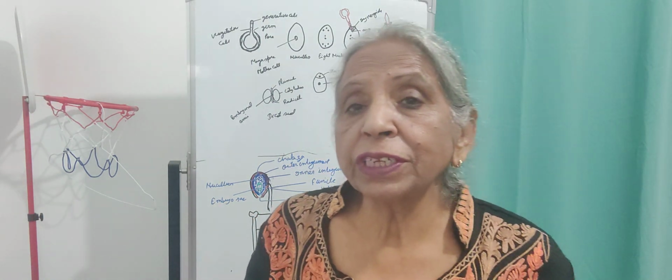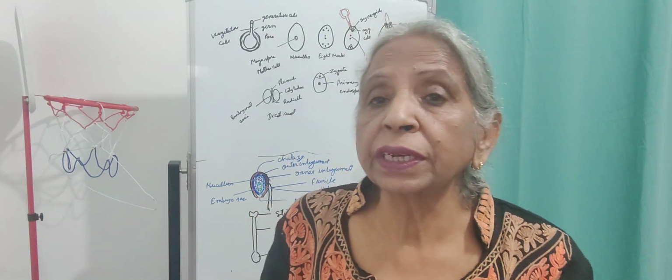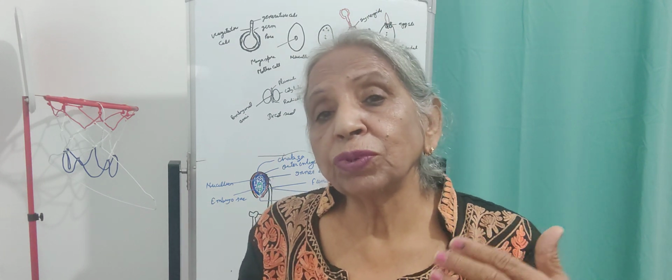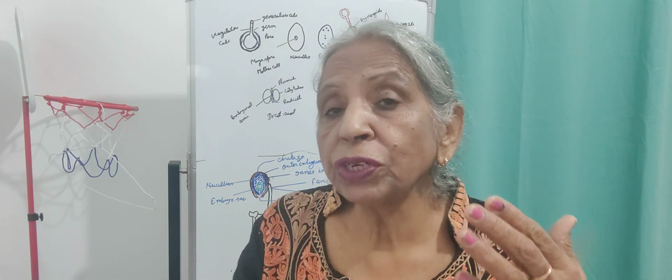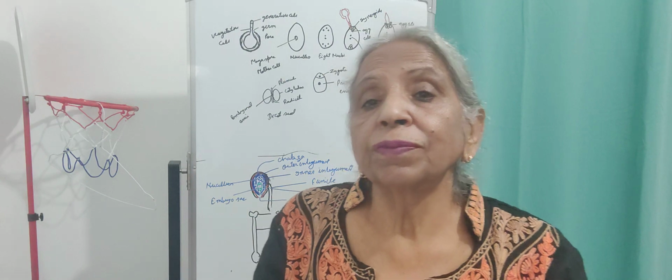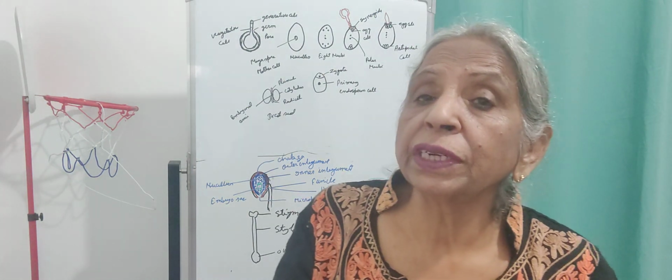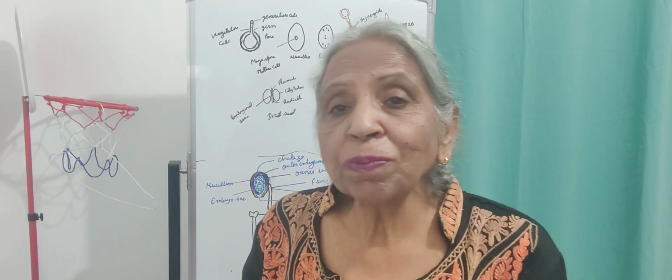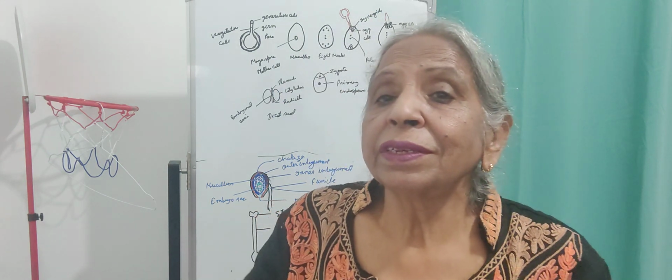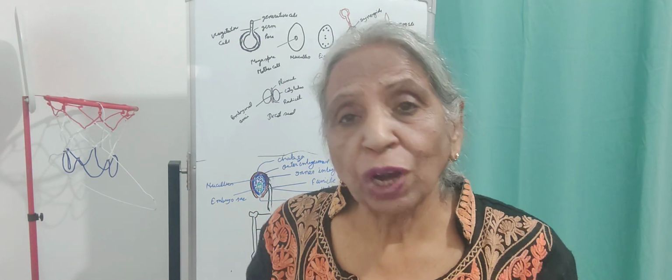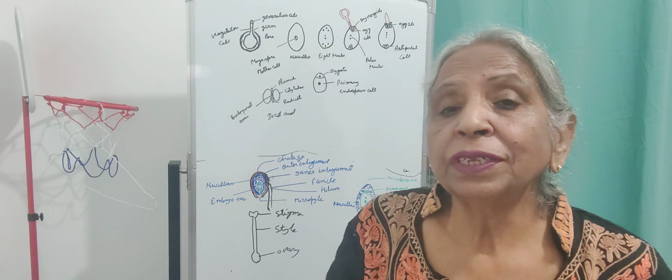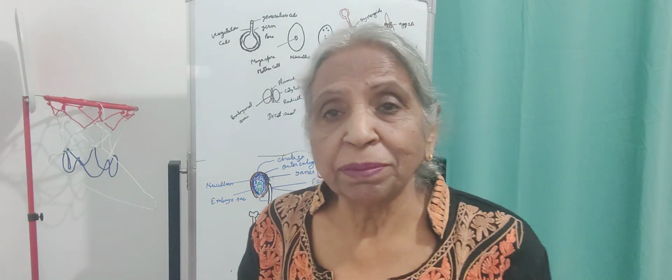The stigma is receptive only to those pollen grains which are compatible, and it allows the germination of the pollen tube only for them. If the pollen grains are not compatible, the stigma won't receive them. It won't allow the pollen tube to germinate. So that is called compatibility.